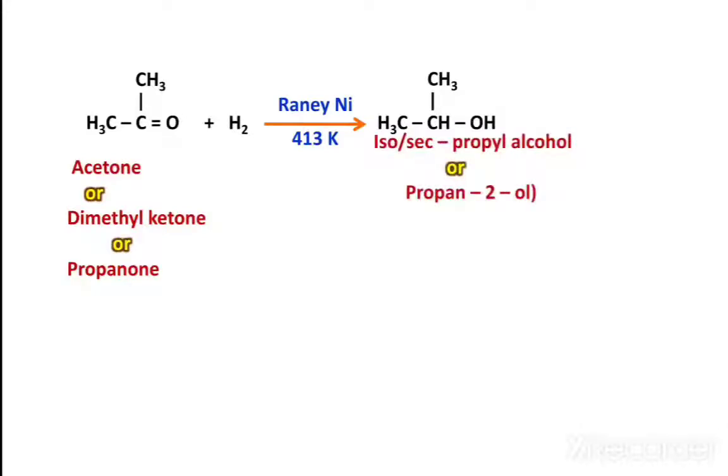It is called isopropyl alcohol, or sometimes propan-2-ol. It is the secondary alcohol. We have to remember that a ketone undergoes reduction with formation of a secondary alcohol.